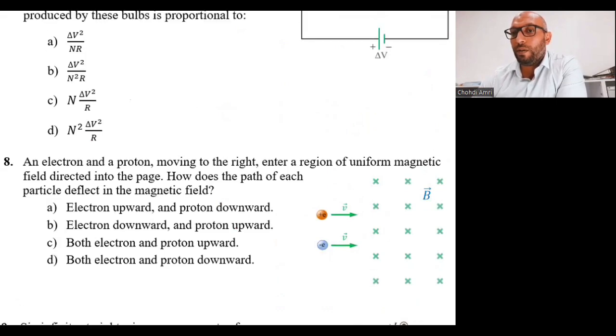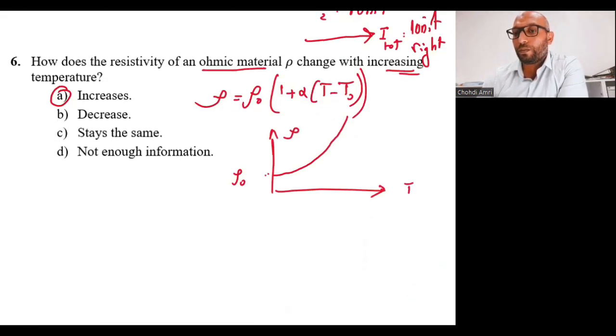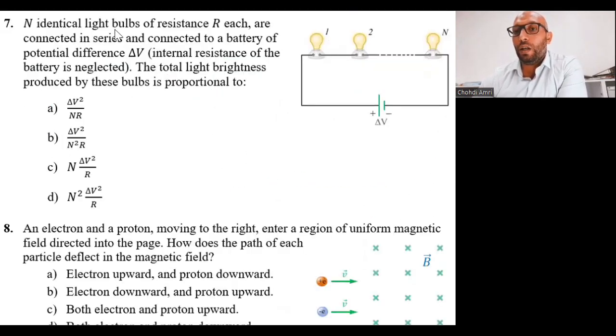Now, question 7. N identical light bulbs of resistance R each are connected in series and connected to a battery of potential difference delta V. The internal resistance of the battery is neglected. The total light brightness produced by these bulbs is proportional to what? As you know, the brightness is proportional to the power.